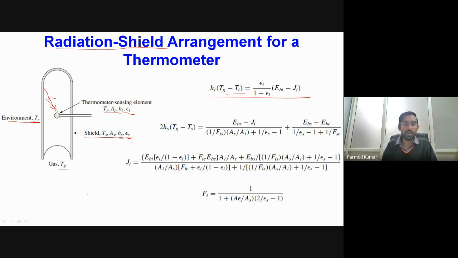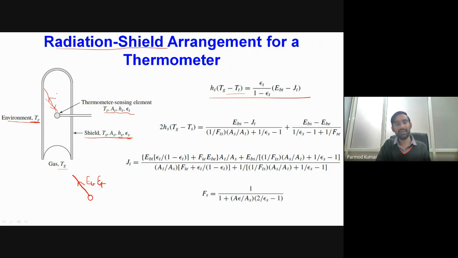So this is our surface of the thermocouple. The surface of the thermocouple is emitting radiation with a radiative flux of epsilon t times Eb, where epsilon t is the emissivity of the surface. This is the amount of radiation emitted.